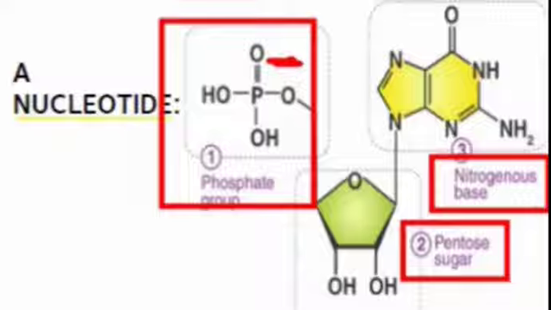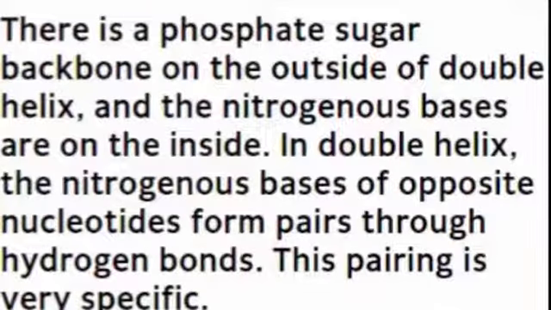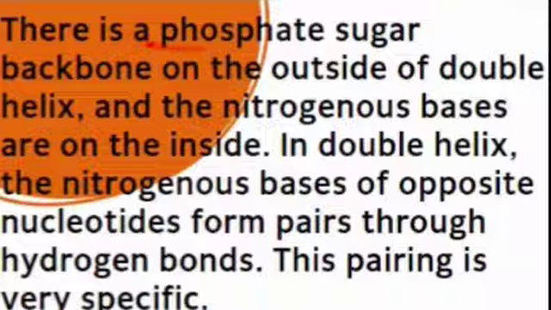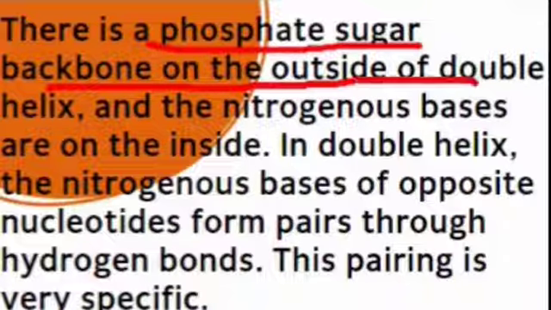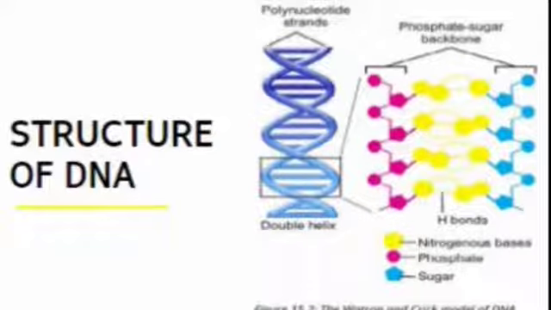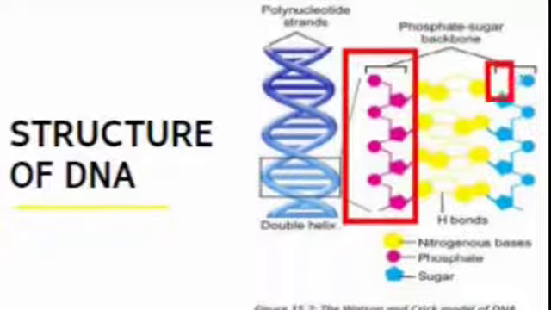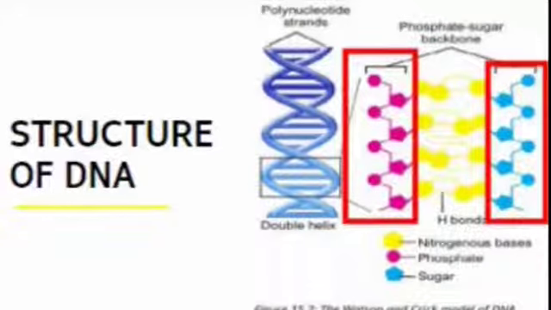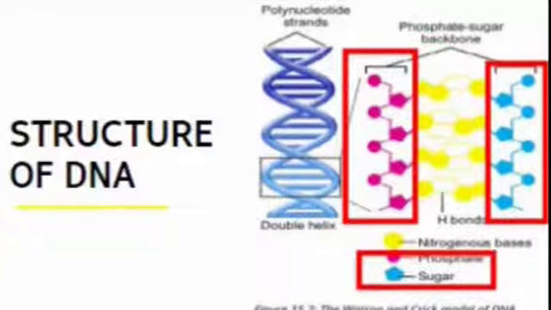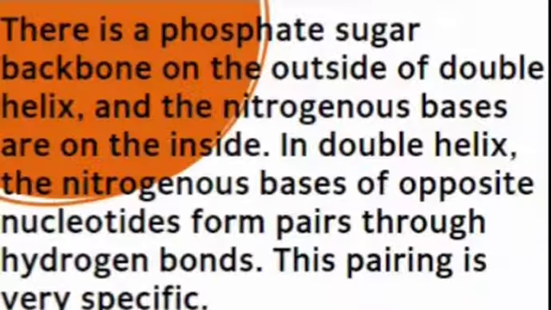So these nucleotides are present in the DNA double helix and form its structure. There is a phosphate sugar backbone on the outside of the double helix. As shown in the diagram, the phosphate sugar backbone is located on the outside of the double helix. It means phosphate groups and sugar molecules form linkages among themselves and are located on the outside of the DNA double helix.